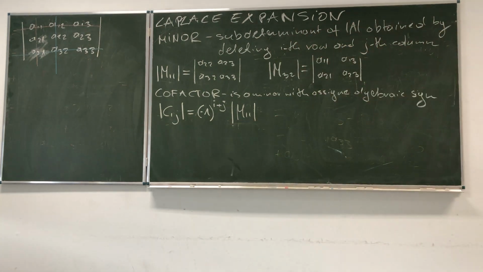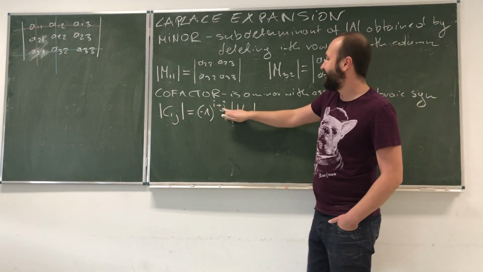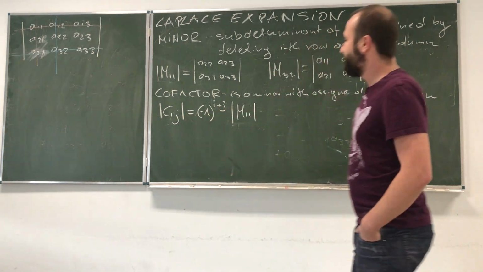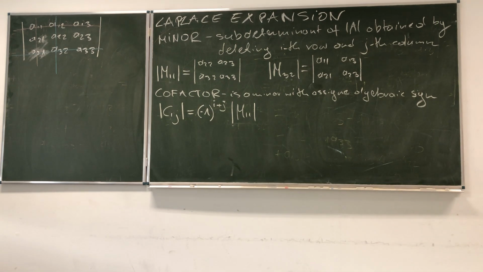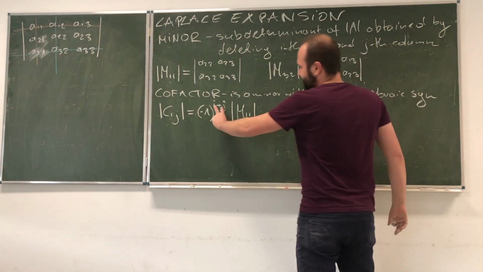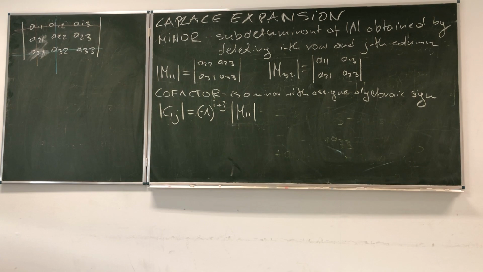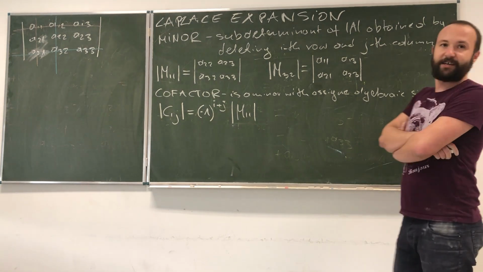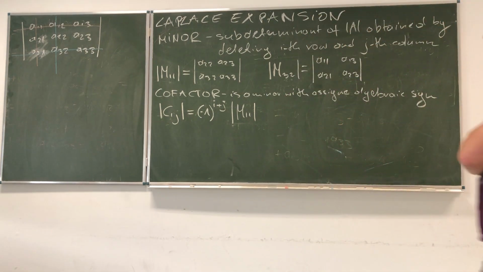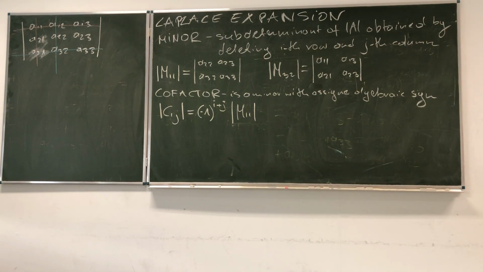So look, all I need to do is put negative 1 and take it to the power indicated by the sum of the location of the element for which we calculate the cofactor. So basically we can get here only minus or plus: negative 1 if the sum of the two is odd, or 1 if the sum is even.